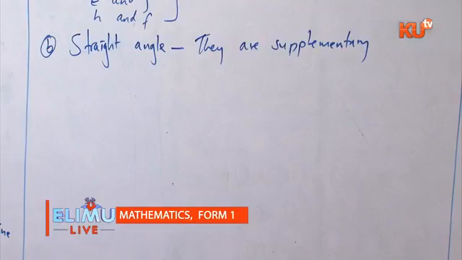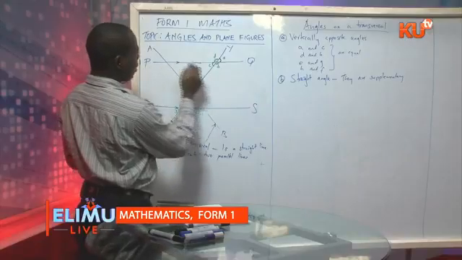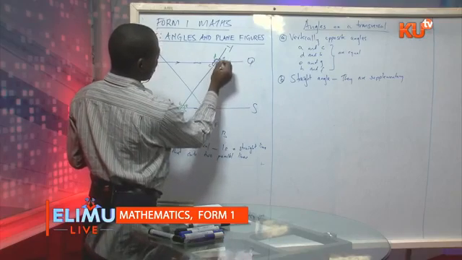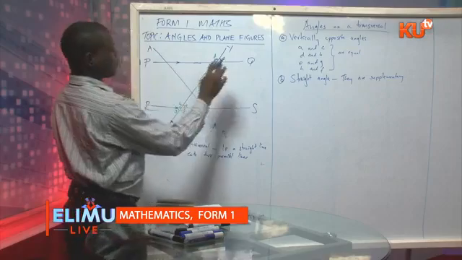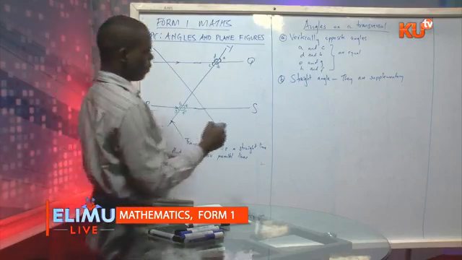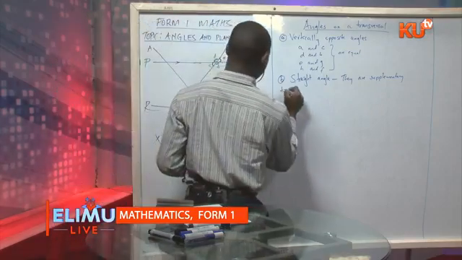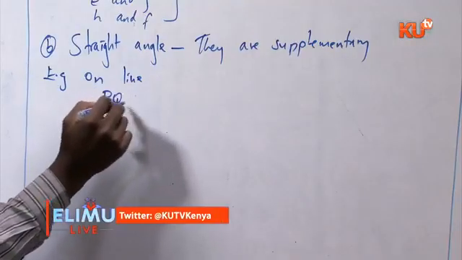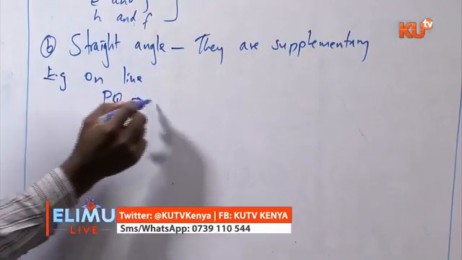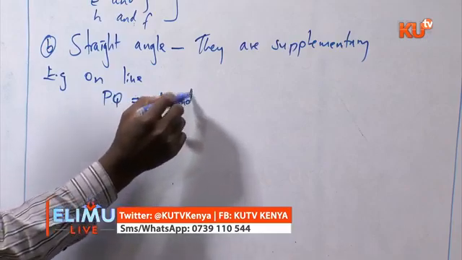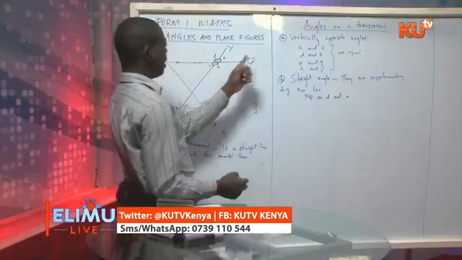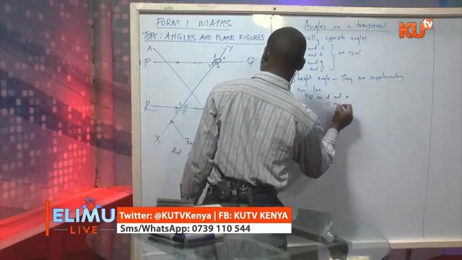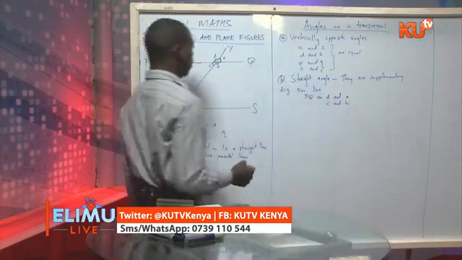Like if we look at this line PQ, we shall have the angle D and the angle A on the same straight line PQ. So on line PQ, we obtain the set of angles D and A. D and A are straight angles, C and B are again straight angles.